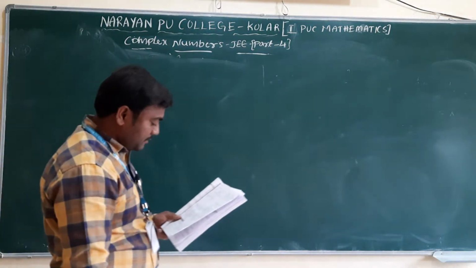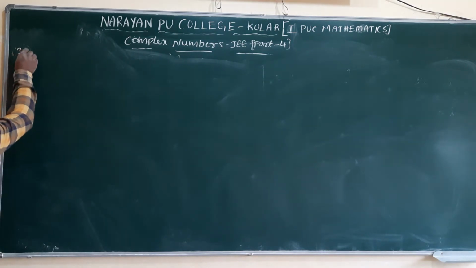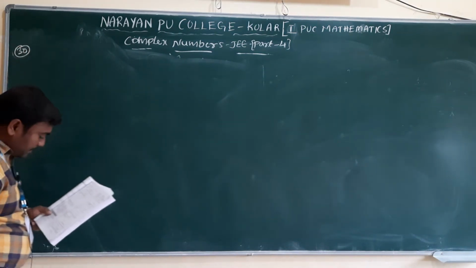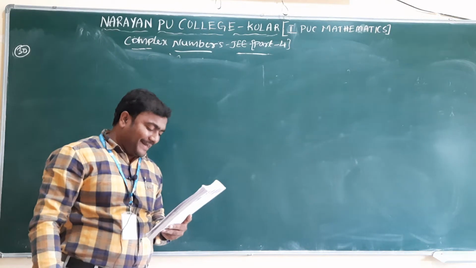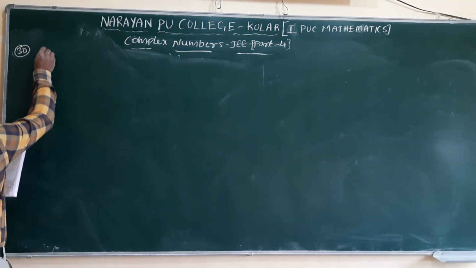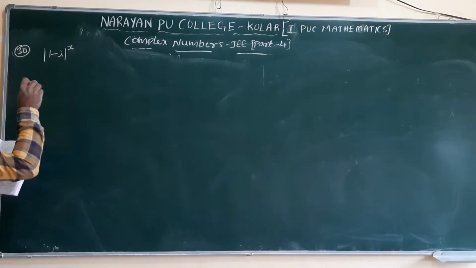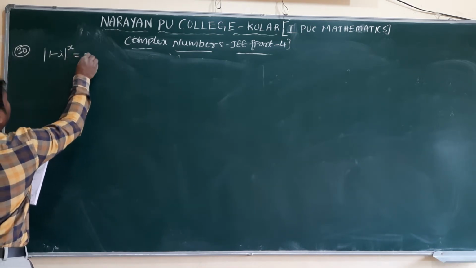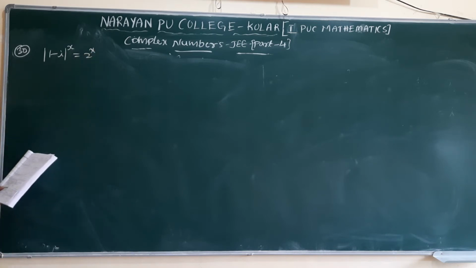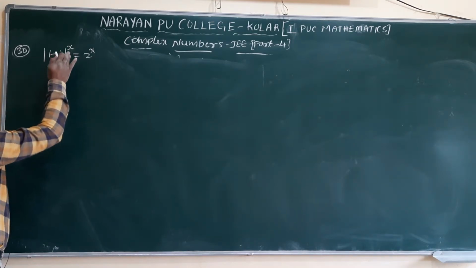This is question number 30. The number of non-zero integer values of x for which the modulus of (1 minus i) whole power x is equal to 2 power x.